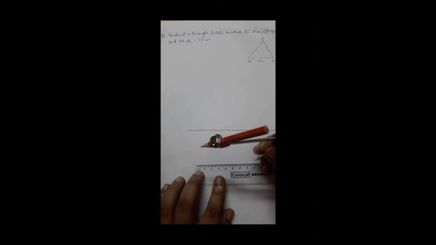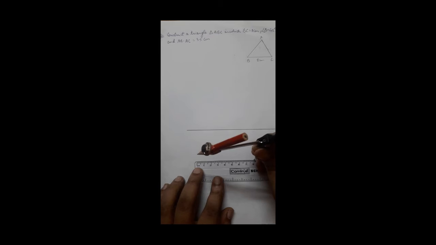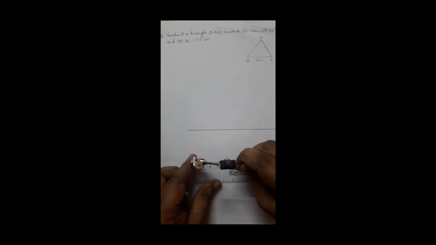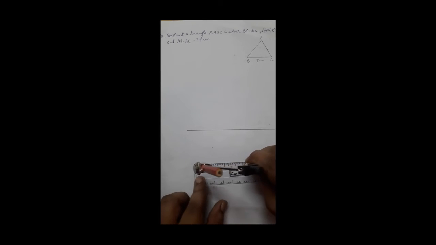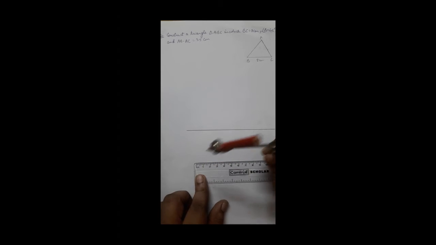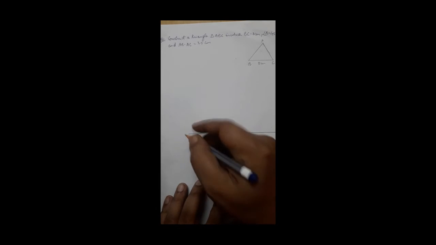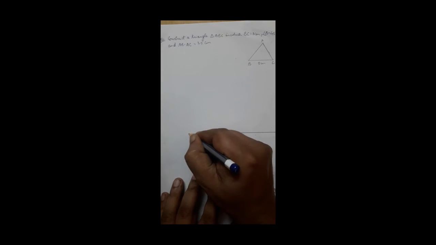So for that we measure 8 centimeters on your scale. That's 8 centimeters. Mark this, and this will be B.